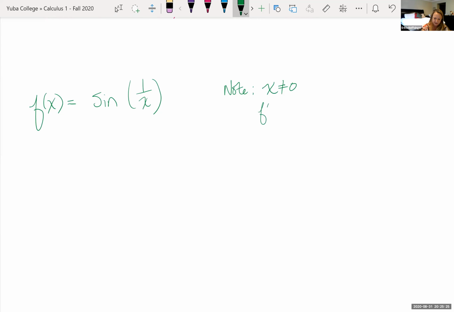F of x is undefined there. For any other limit, we could just plug in that value for x, if x is going to any number except 0. So the limit as x goes to 0 of sine of 1 over x.